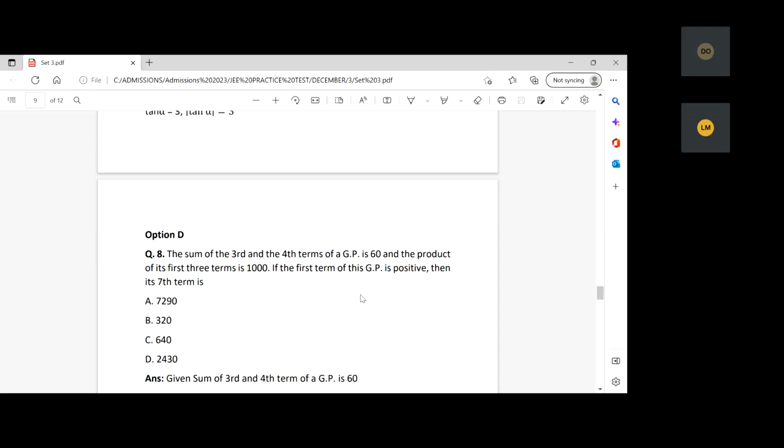It's given that the sum of the third and fourth term of the GP is 60, and the product of the first three terms is 1000. If the first term is positive, then what is the seventh term? These types of questions are also really common. I hope you will try to solve it now.